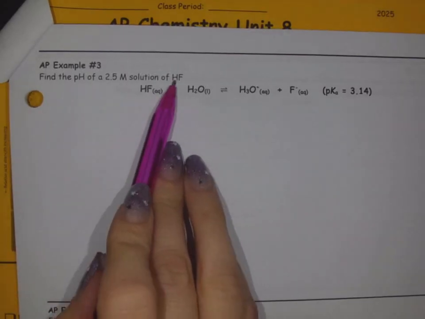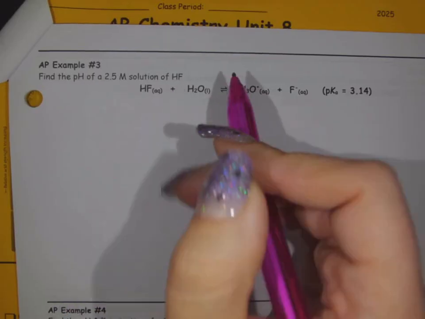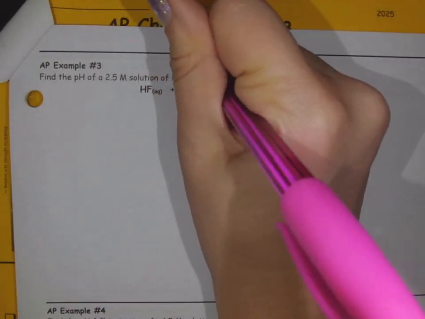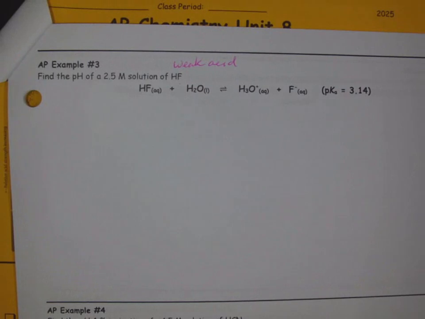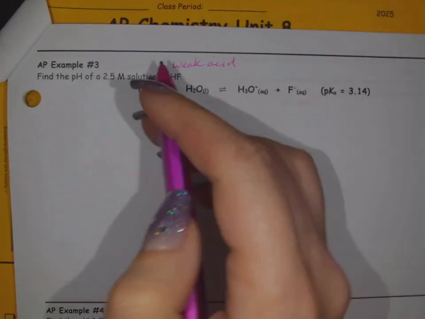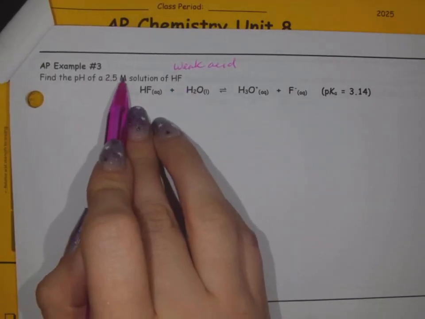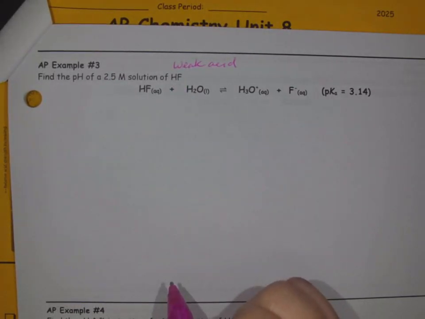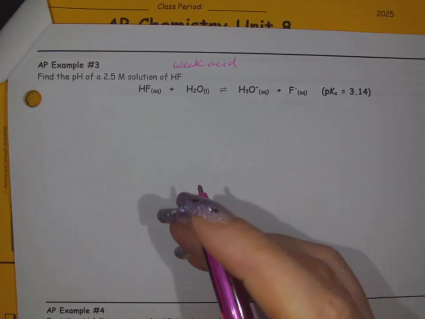Because guess what? HF is not on our list of big six. This is a weak acid. If it was a strong acid, it would have made our lives so much easier, because then we would just say, if this is the concentration of HF, then that's the concentration of H+, and to get pH, we'd do the negative log of that concentration of H+.